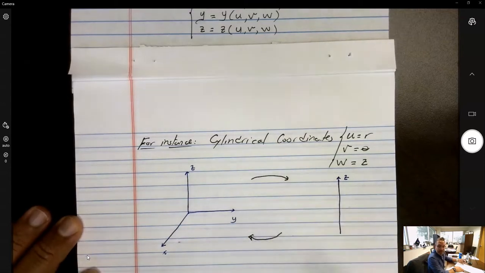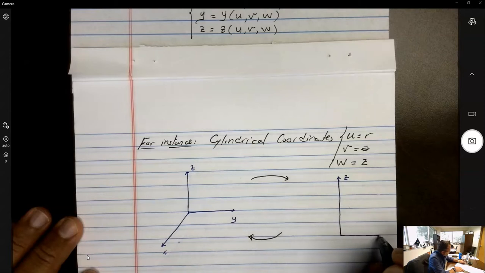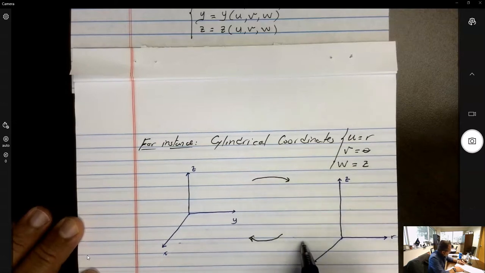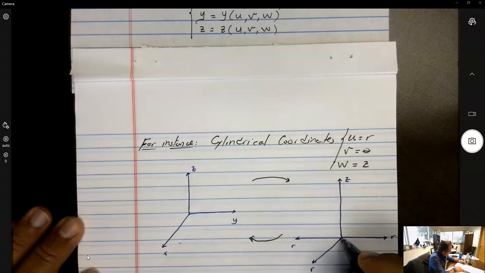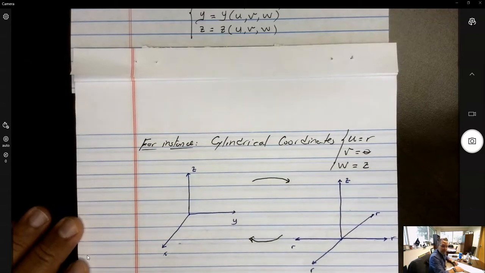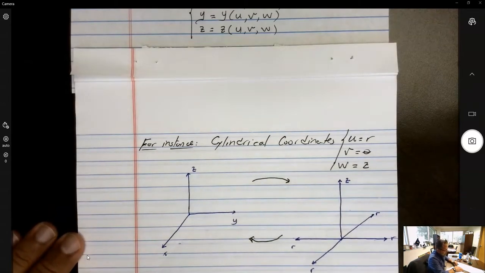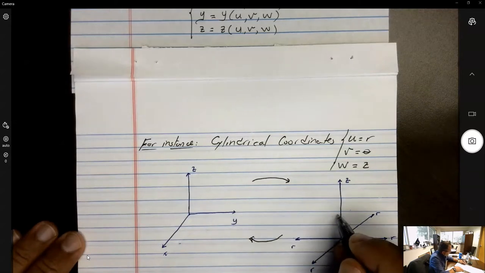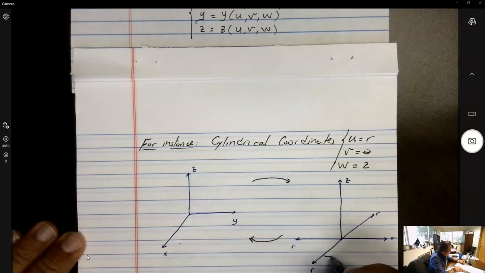And by the way, Z extends infinitely in the negative and positive direction. And then R is the coordinate perpendicular to Z. It can actually extend in all directions. So all of these are R at any value of Z. And then we have a tangential direction, which is also perpendicular to R and perpendicular to Z, and that is the theta direction.